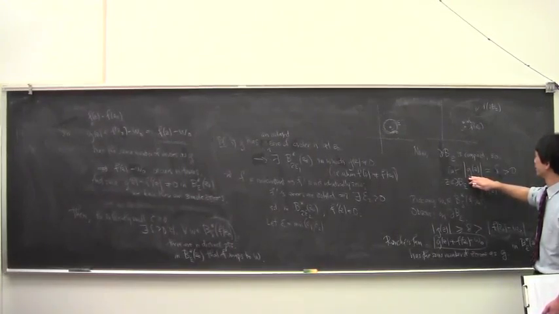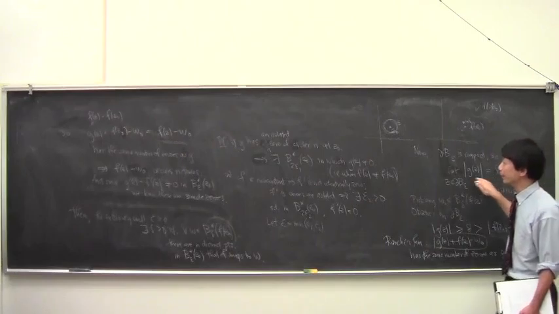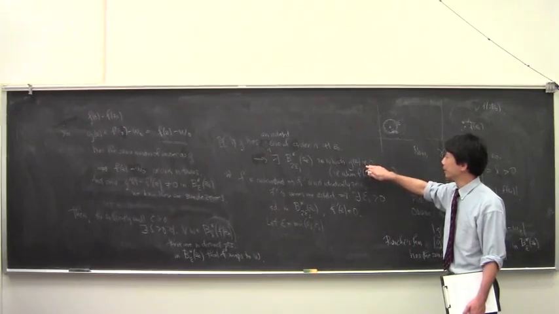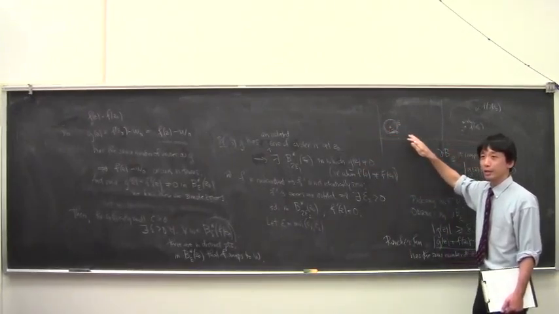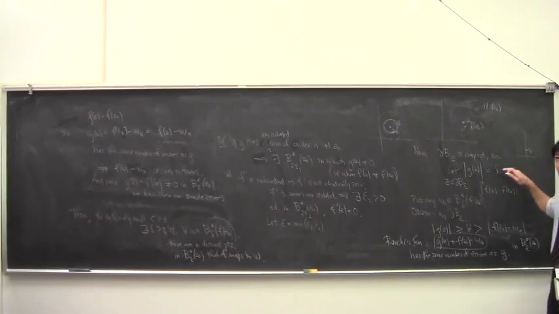That minimum value is not 0. That minimum value is away from 0, because you know that your function is non-zero in here, and so you can't go all the way down to 0. So there's going to be some actual minimum value away from 0. Okay.